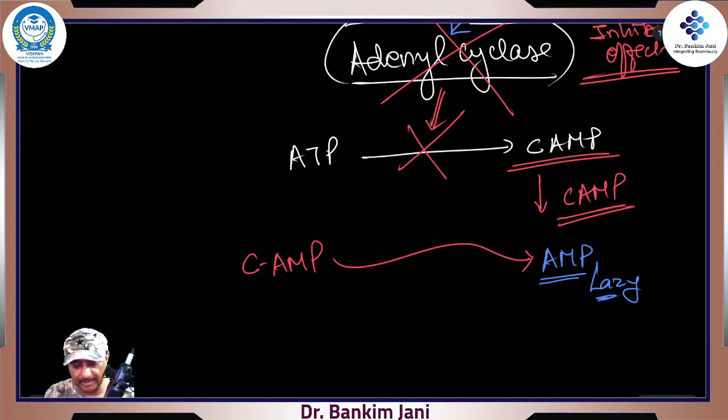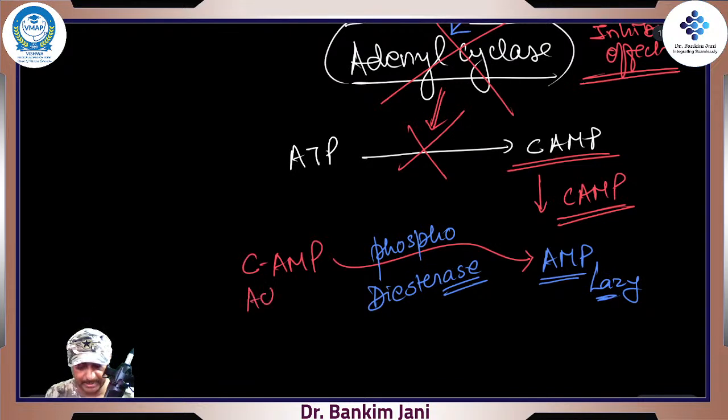This cyclic AMP, when it is doing all its work, there is one control, and that is what is called phosphodiesterase. Again, the enzyme diesterase removes this cyclic component, so it becomes AMP. Cyclic AMP is very active.